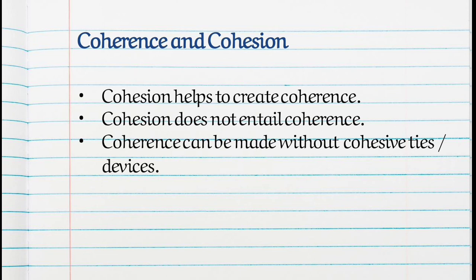Another is that cohesion does not entail coherence. As I said a while ago, cohesive devices are not equal to coherence. Just because you use a lot of cohesive ties within a text doesn't mean your text can easily be understood. And the third one is that coherence can be made without cohesive ties or cohesive devices. You can create a text that is clear and easily understood without those cohesive devices.